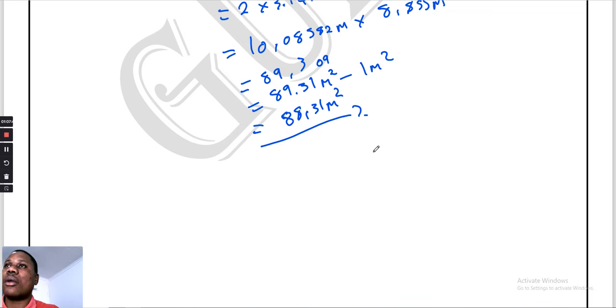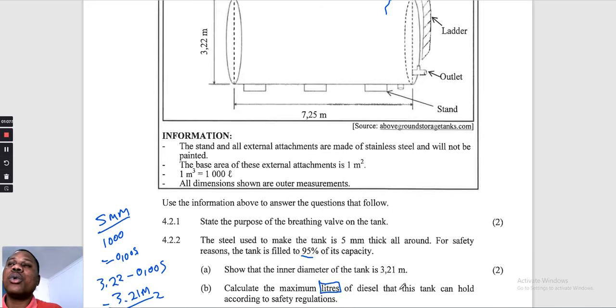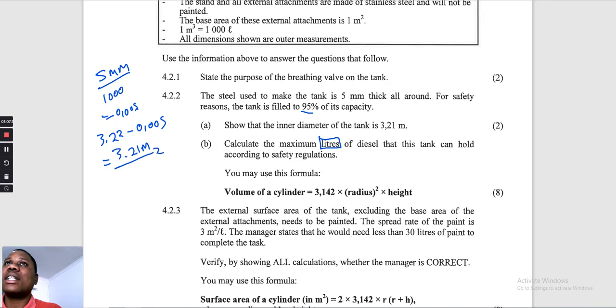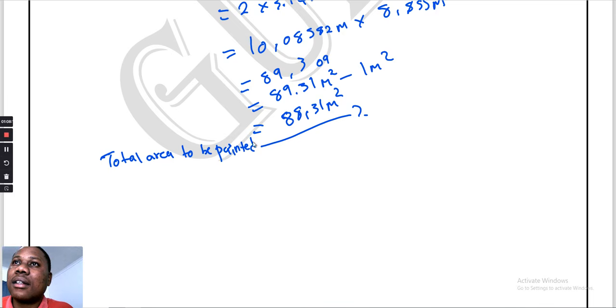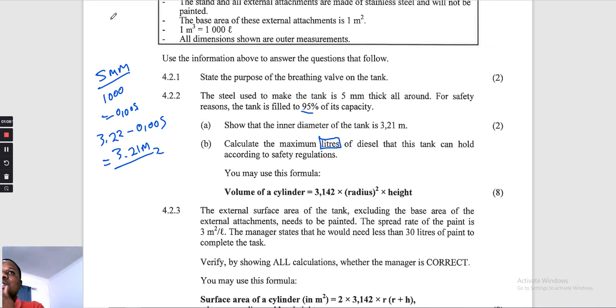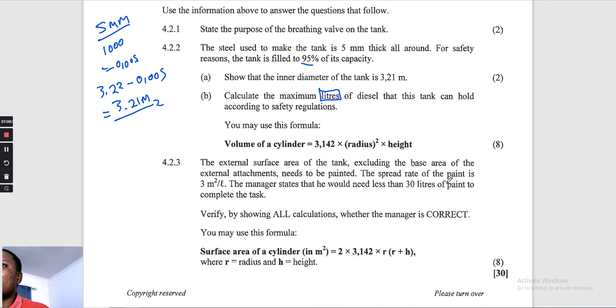So we are not done. This is the total surface area to be painted. Let me write it: total area to be painted. Now we are told that the spread rate of the paint is 3 meters squared per liter.